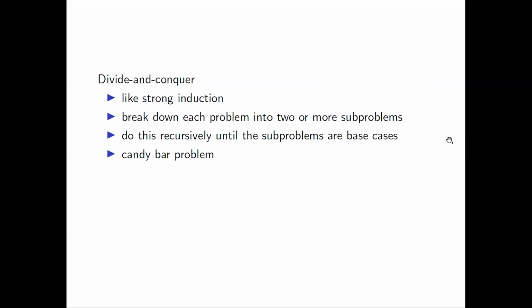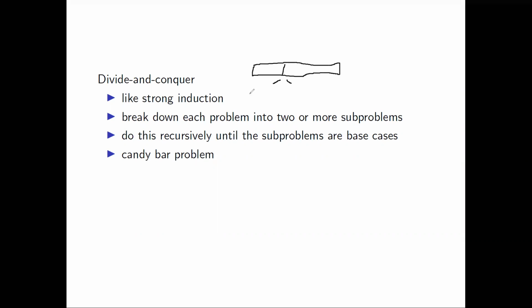And that is very similar to a divide and conquer, because the idea there was we had this candy bar and we split it anywhere along the candy bar to get it into smaller pieces. And then each of these pieces, we would be doing splits on them as well in order to get them into unit pieces.